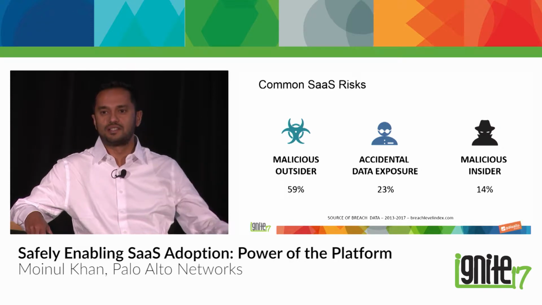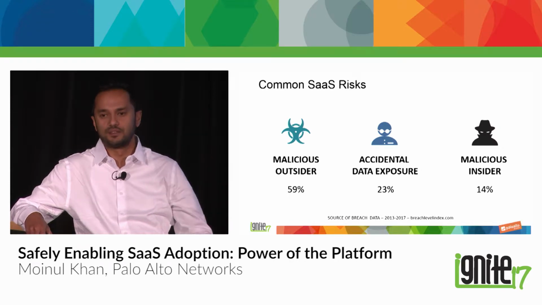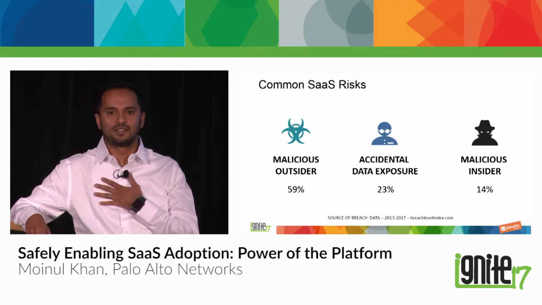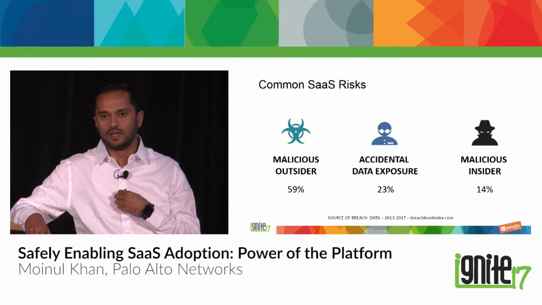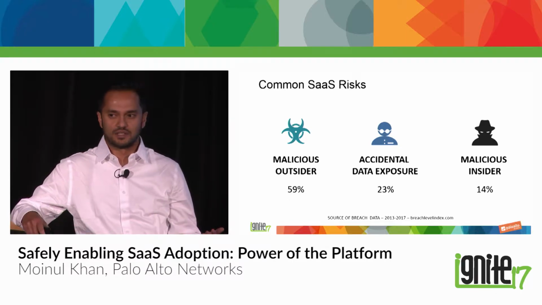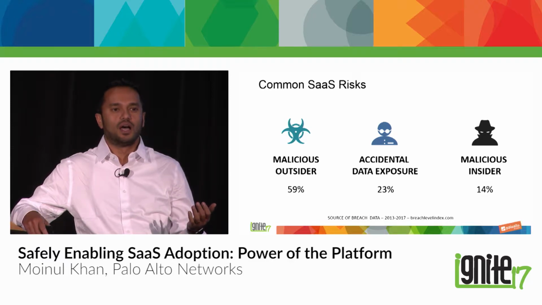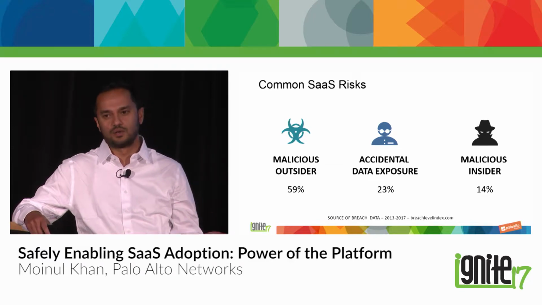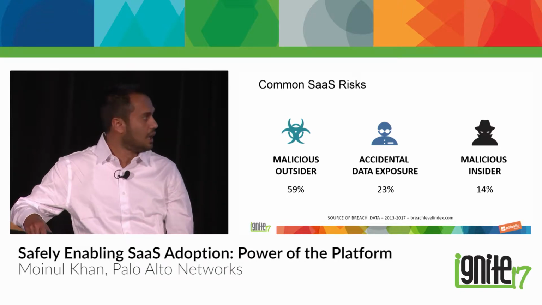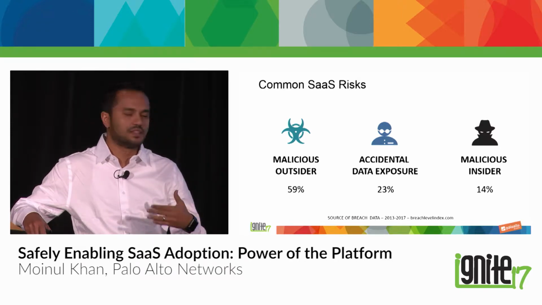You have malicious insiders that are doing data exfiltration. But also a major problem with SaaS adoption is accidental exposure. So it's your typical users who are using these applications but do not know how to use them securely and therefore exposing your organizations, right? So these are the 3 common problems.